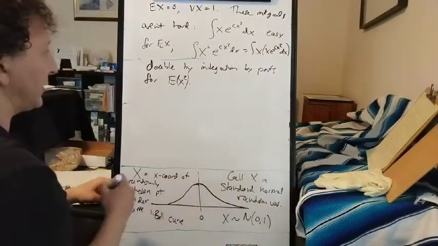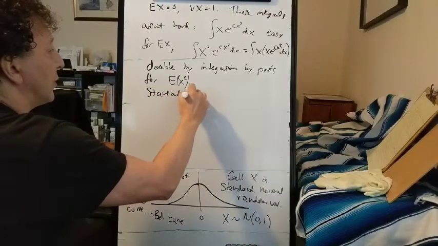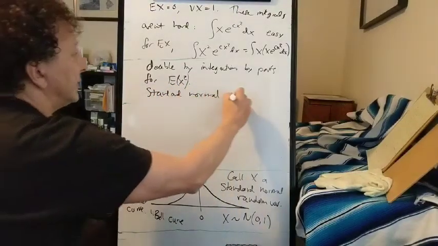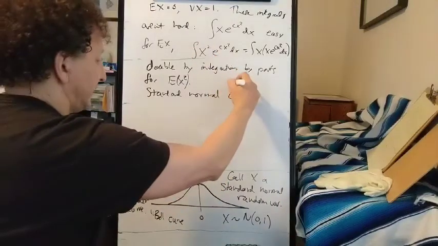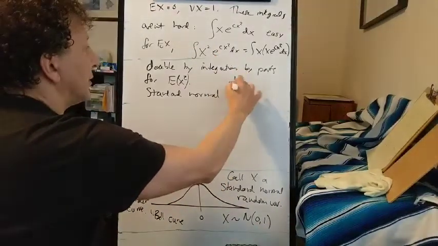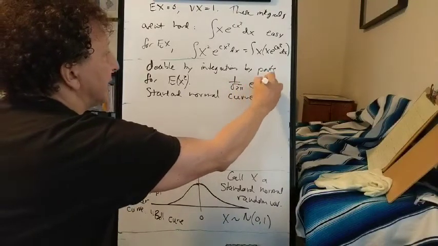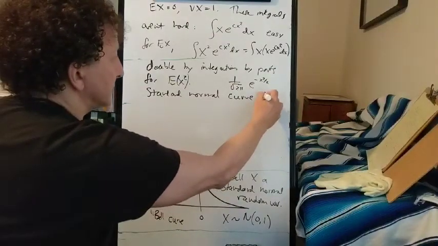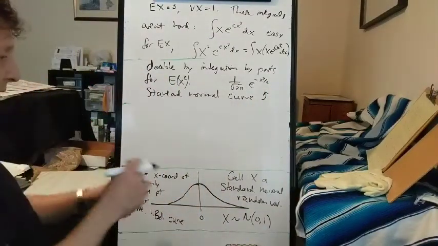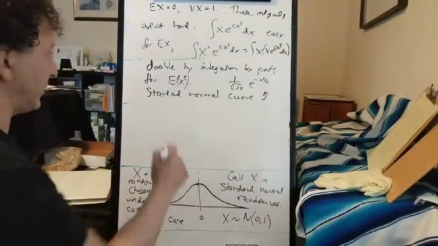So again, this function here is the standard normal curve, 1 over square root of 2 pi e to the negative x squared over 2. And there are variations of this that are taller and skinnier and shorter and fatter.